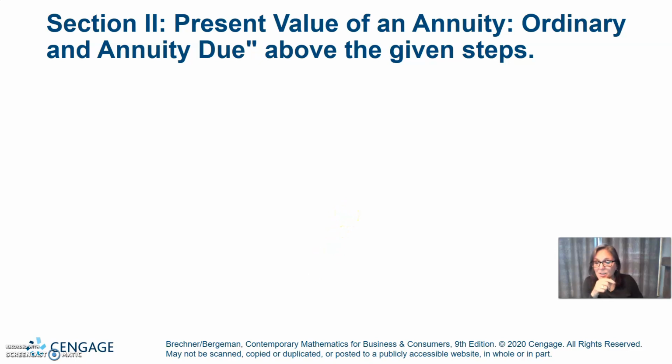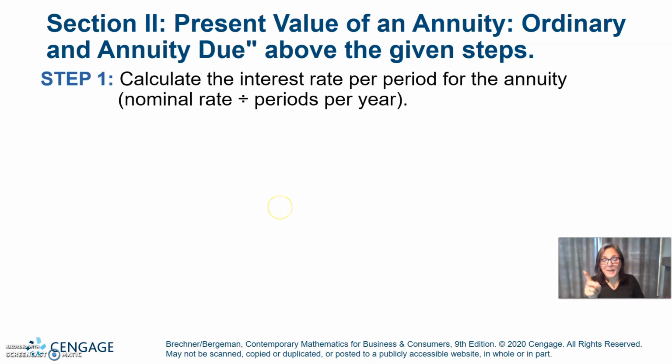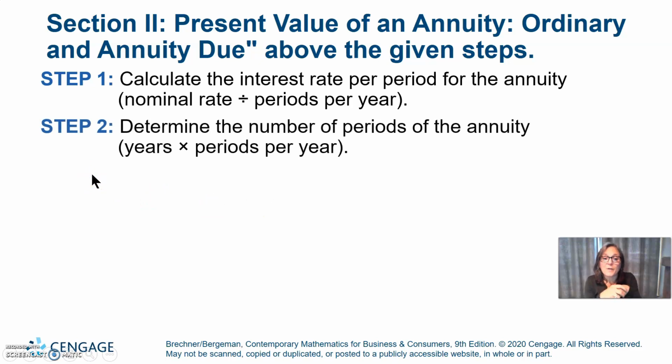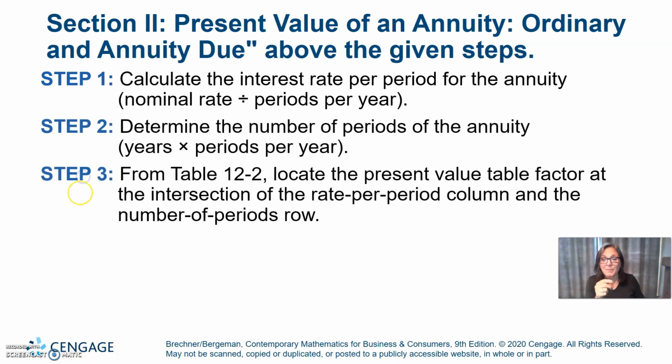All right, so moving right along. We're going into section 2, and I'm going to start it because of the time we have left. Present value of an annuity, ordinary annuity due above the given steps. Calculate the interest rate per period for the annuity. Determine the number of periods, same.